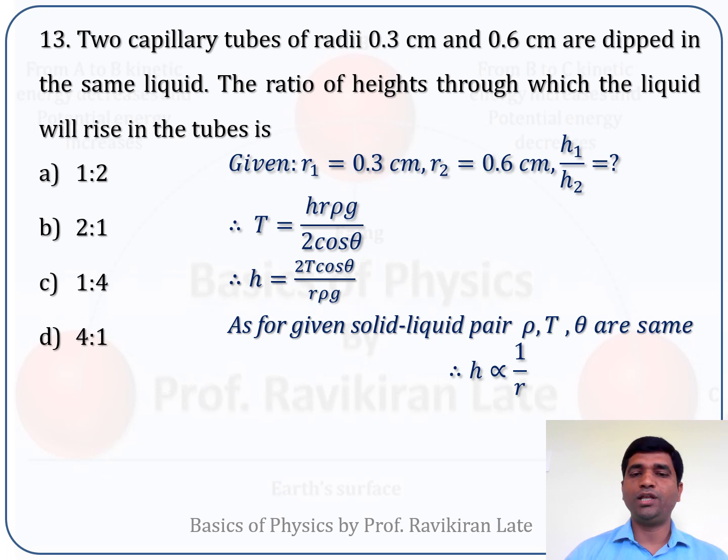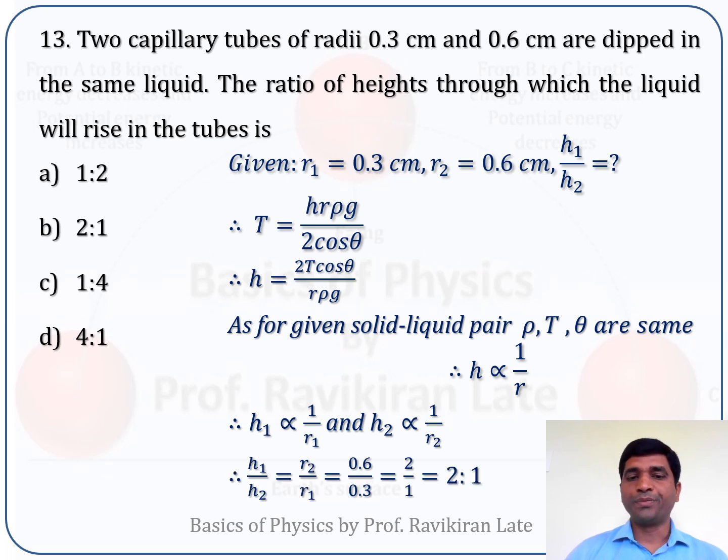For the first capillary tube, H1 is inversely proportional to R1, and H2 is inversely proportional to R2. Now if I divide H1 by H2, this will be 1 upon R1 divided by 1 upon R2. If I simplify this, it will come out to be R2 by R1.